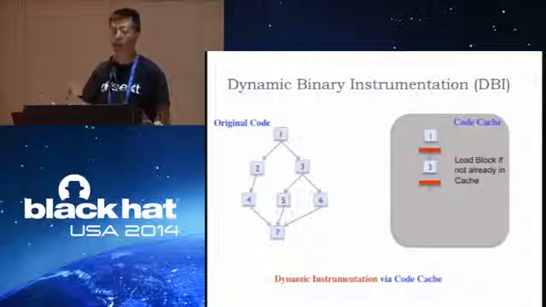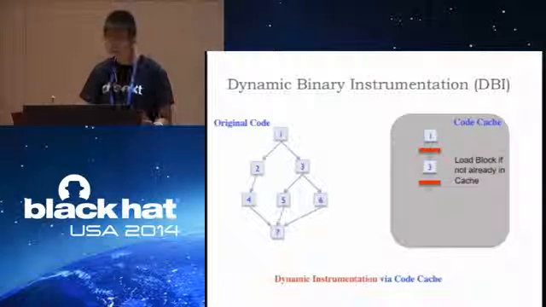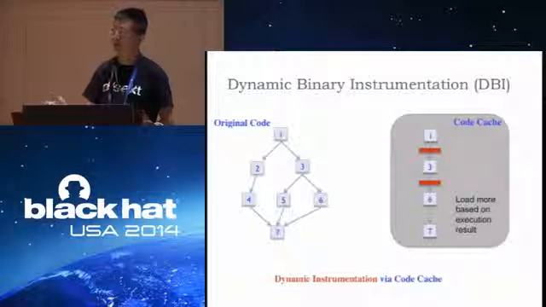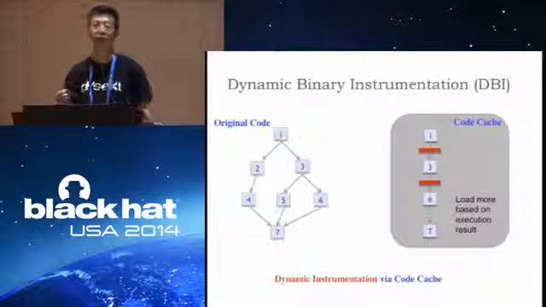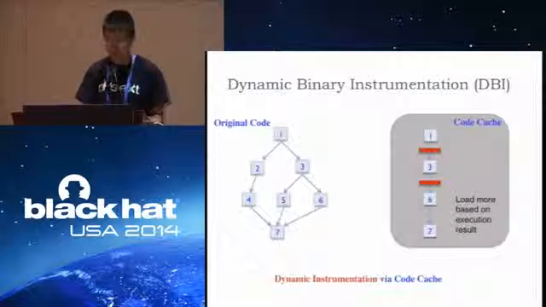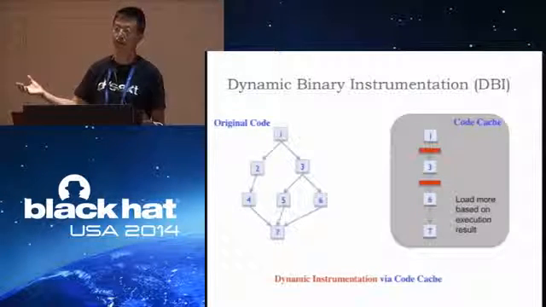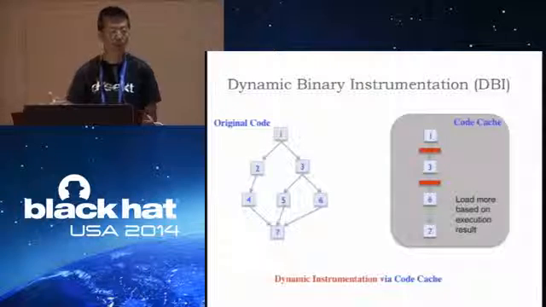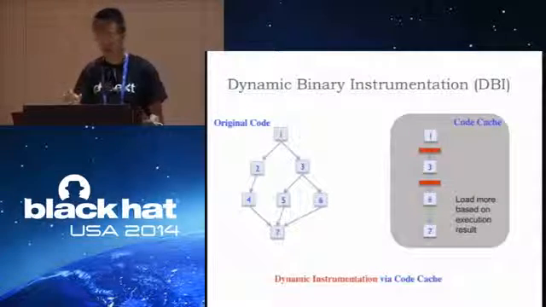If it's already there, you can jump there directly without copying it again. This keeps going. For example, if block 3's execution result indicates that block 6 needs to be used, blocks 6 and 7 are copied there, execution continues, and all the instrumentation modifications can be done in that code cache.